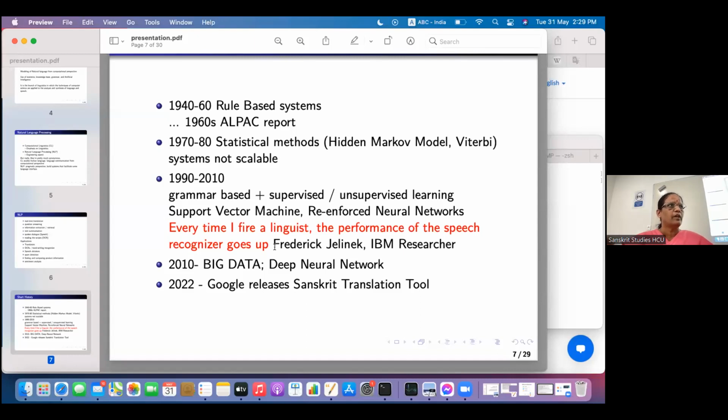The machine was able to build the rules faster. Now, these rules were not the rules which human beings can understand, but it was the statistics. So the statistics was providing a lot of good insights to improve the performance of the system.